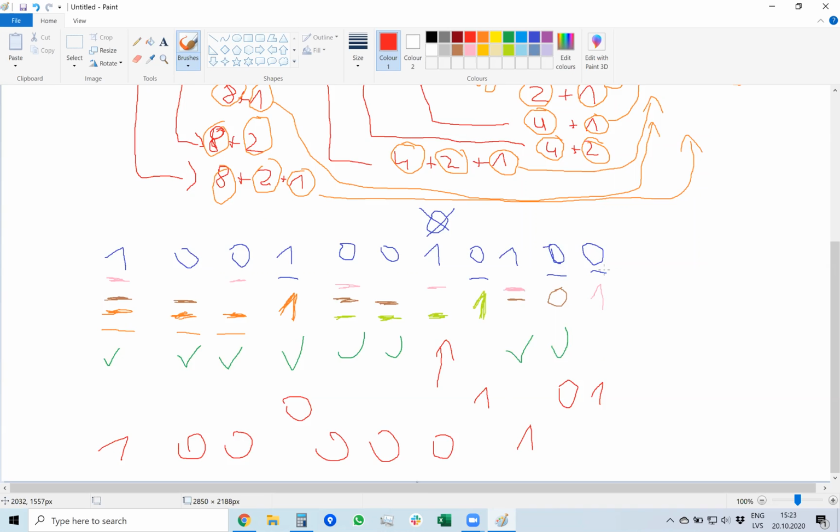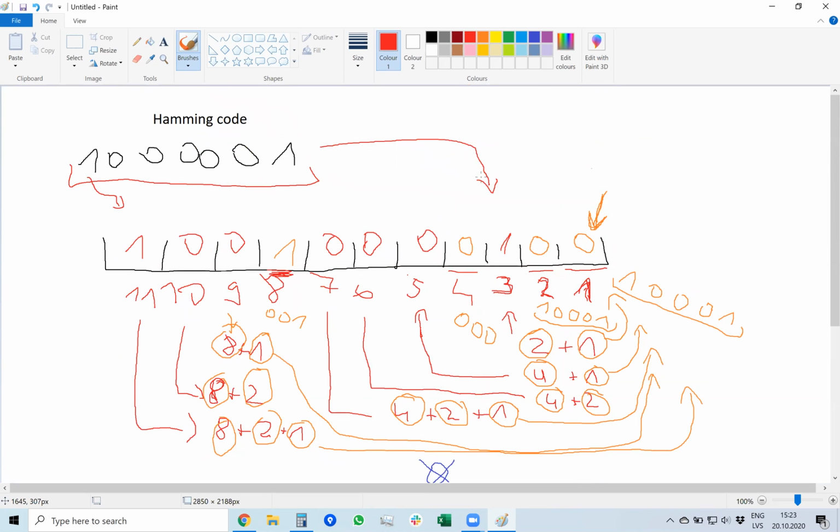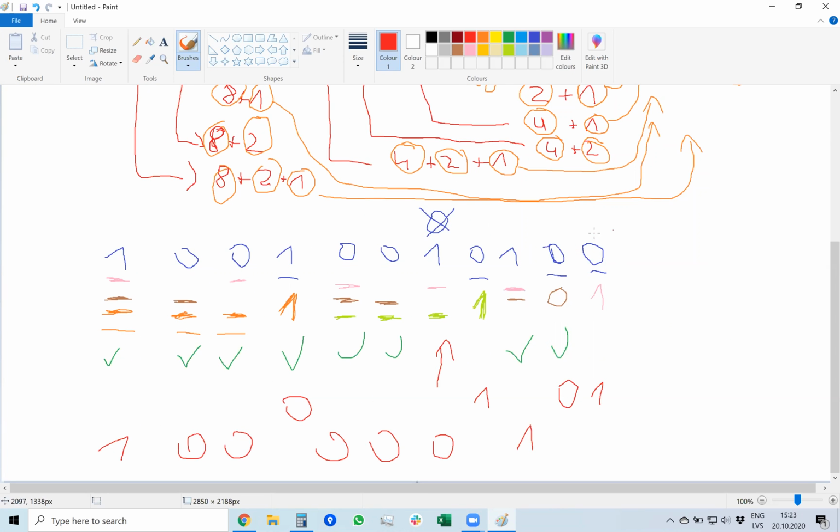So this is how the Hamming algorithm works. The idea is that each parity bit is calculated on different locations and in such a smart way that when we recalculate the parity on a damaged string, then XORing it with the parity locations tells us exactly where the mistake is.